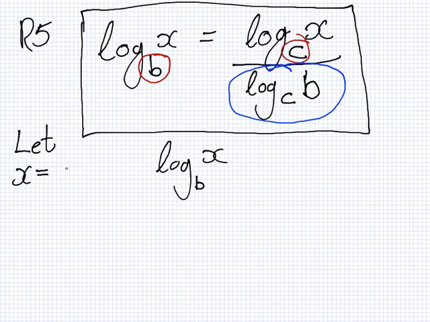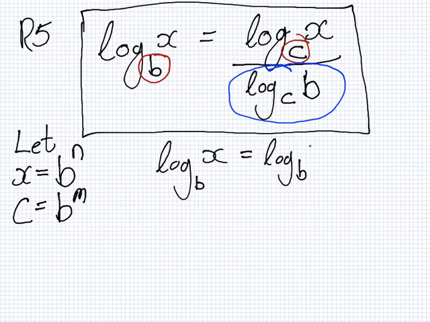So maybe we could say let x equal c or b. Let's see what happens if we try it with b, and if it doesn't work, we can just change to c. So you don't have to write it down just yet, because we need to see which one will work. We'll say let x equal b^n, and then let c equal b^m, something like this. So let's see what we can do if we make this substitution. So this will be log b, and up the top here, this would be b^n. So it's n then.